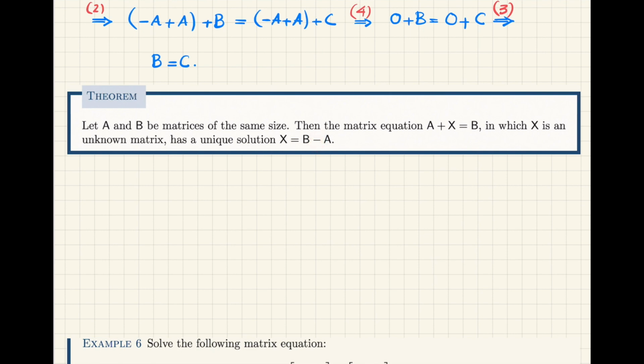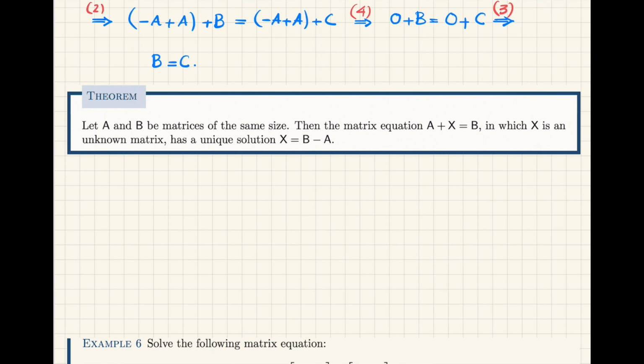So this theorem asserts that, for A and B matrices of the same size, the matrix equation in which X is an unknown matrix has a unique solution, and that solution is this. By the way, if you want to be very rigorous about showing a unique solution, you have to show two things.